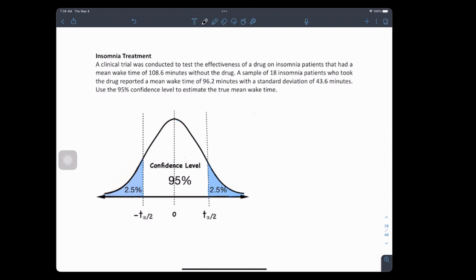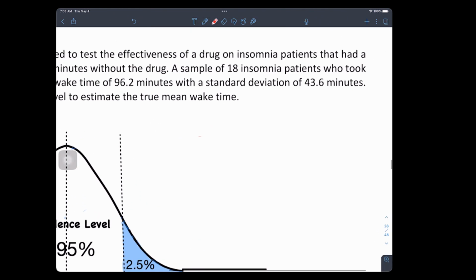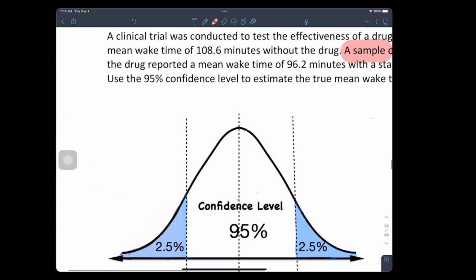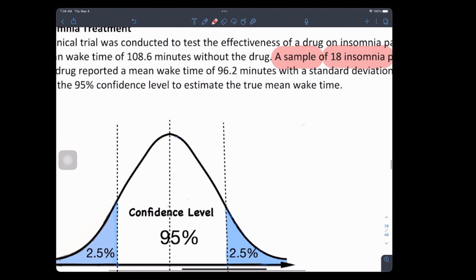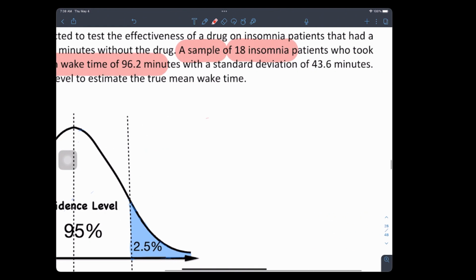So what are they saying? A sample of what? Let's get out our red marker, because every time I read the phrase sample, I bring out the red marker. 18 patients. They took a drug, and then they reported a mean wake time of 96.2 minutes with a standard deviation of 43.6 minutes.